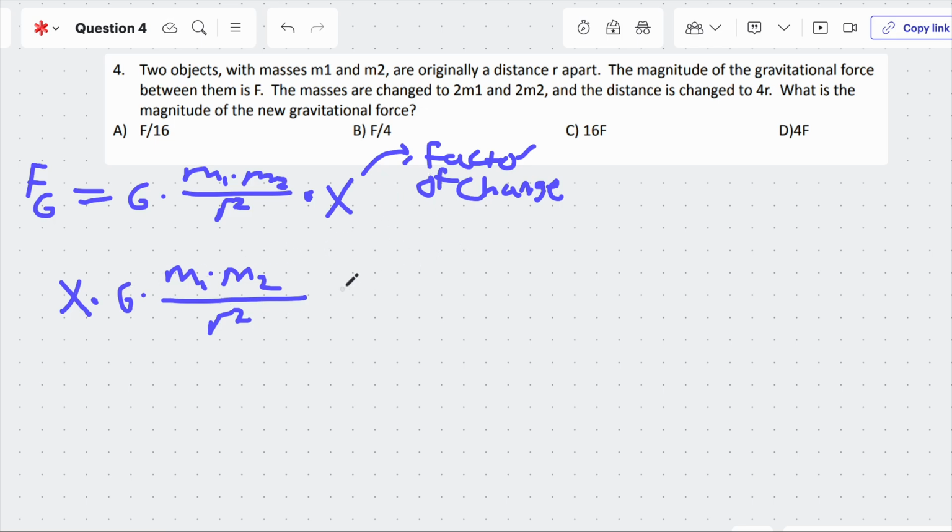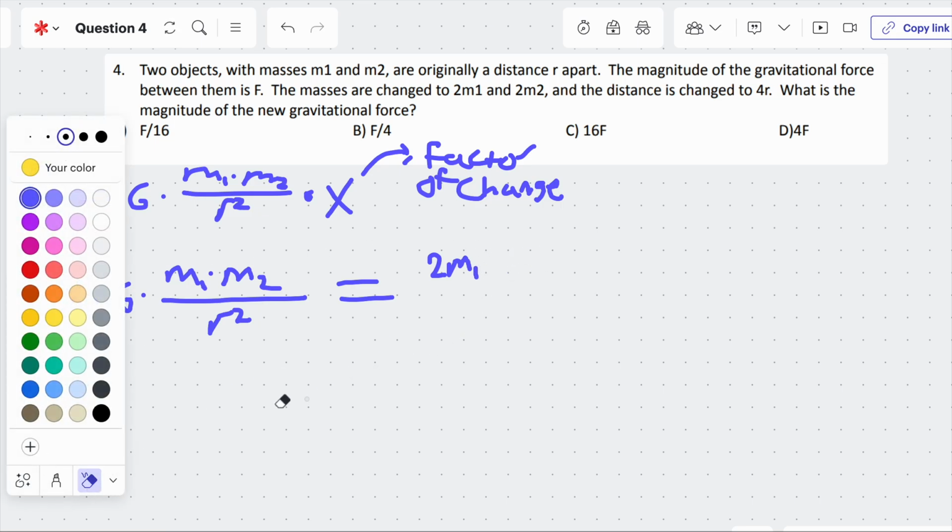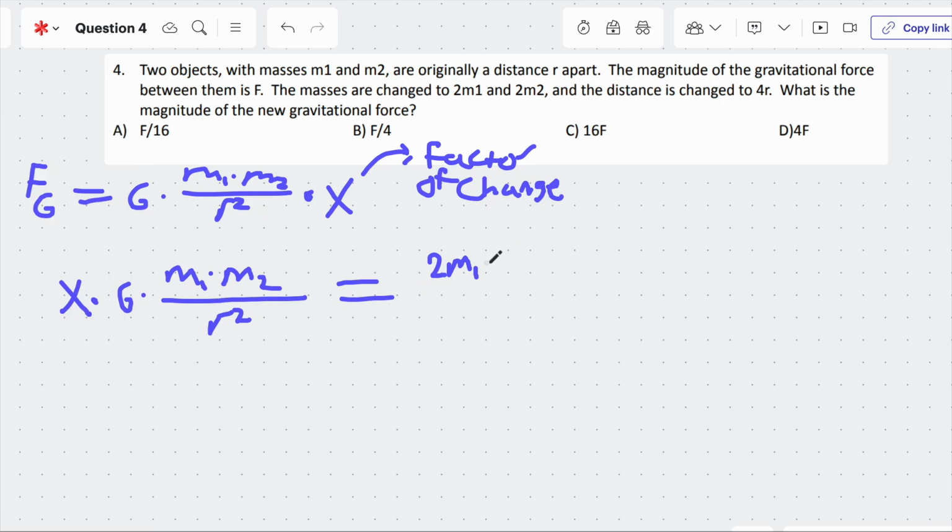The reason we have this factor of change is because now we can set this equal to our new one with 2m1. So we double both masses. I just messed up. Draw on that. Okay. Times 2m2 over, and now we plug in 4r where r was.